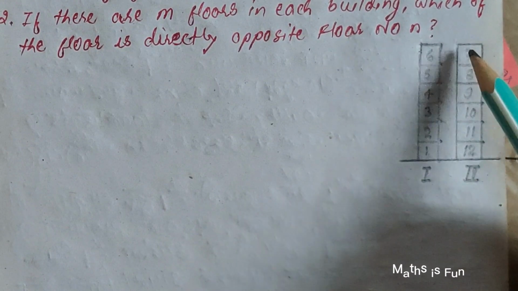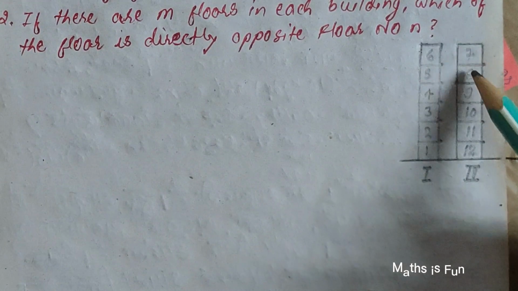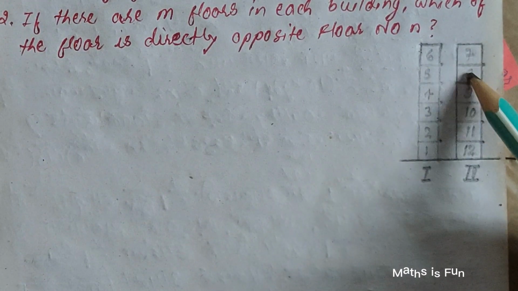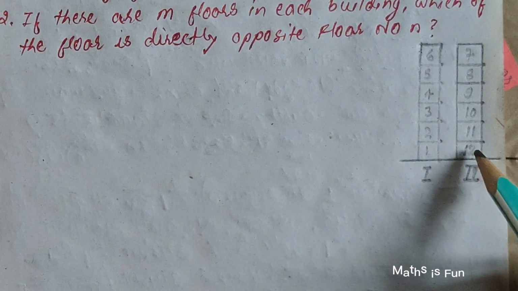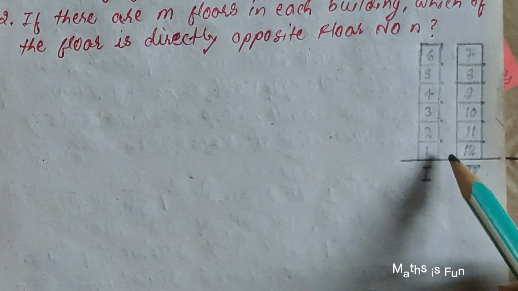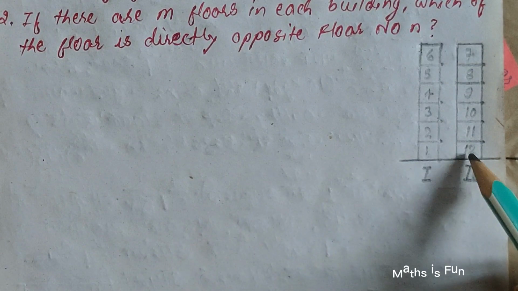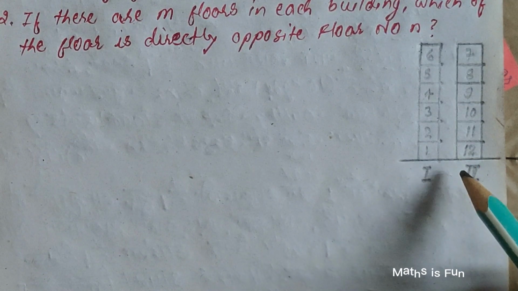So if this is 6, this will be 7, and then the counting increases as we go down the building, that is 7, 8, 9, 10, 11 and 12. So the ground floor of building number 2 will give us the total number of floors in both the buildings. So here we have 12 floors in building number 1 and 2 in total.